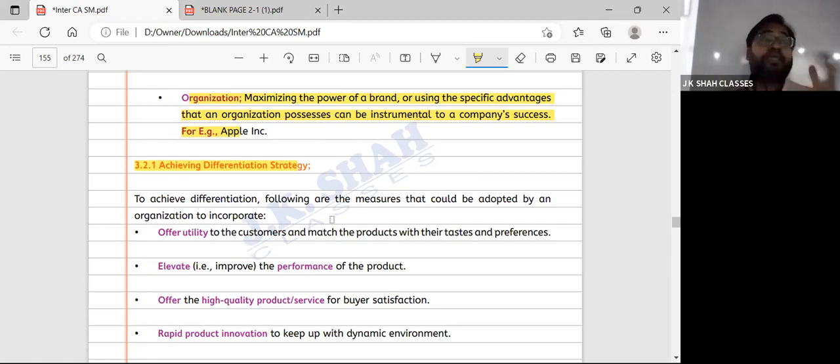Fifth point. Enhance the image of your products. Enhance the brand image. The best example is Royal Enfield never advertises their product on television. Rather, they sponsor bike events and bike rallies. Have you seen this? Even if you see all our army jawan, they have Royal Enfield. So if they are owning Royal Enfield, it is a matter of pride.